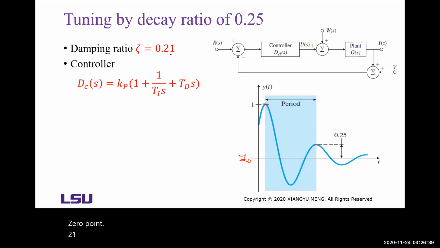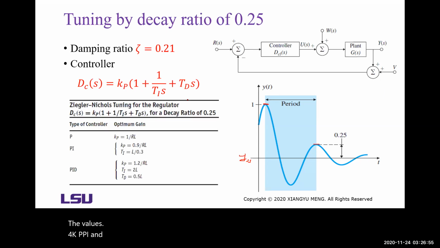Then based on some simulations, Ziegler and Nichols suggested the values for Kp, Ti, and Td given in this table.